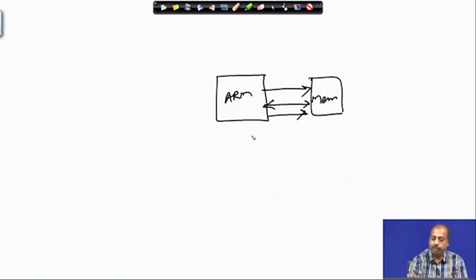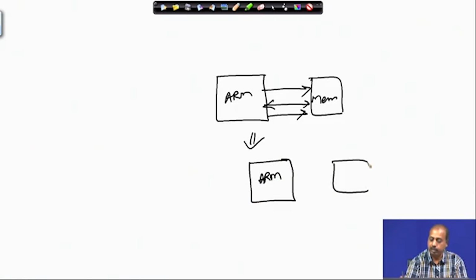Now, in the Harvard architecture, it is made like this. If this is the ARM processor, now we have got the program memory and the data memory, which are separate.